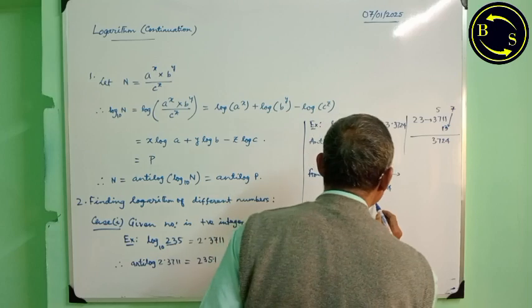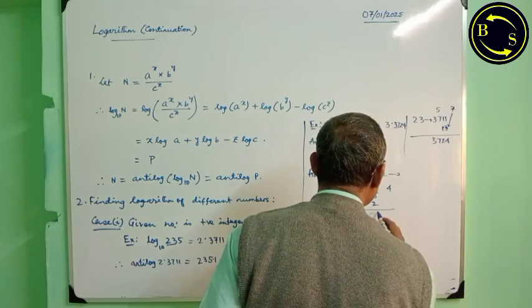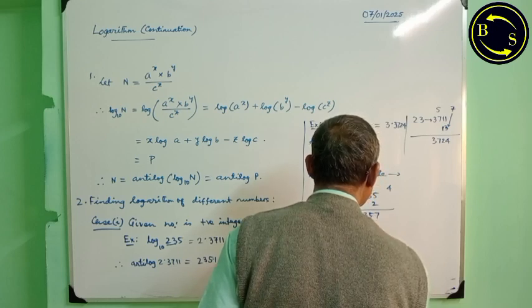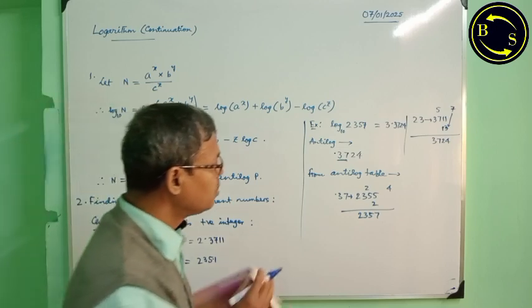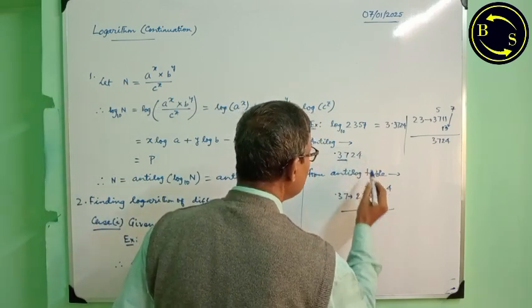That means we have to add it here at the end. From the antilog table, we have found the antilog of this one.